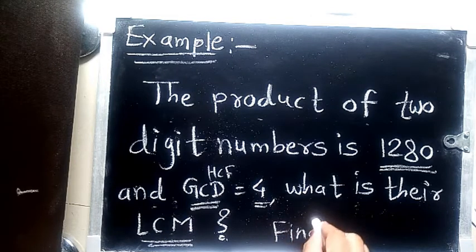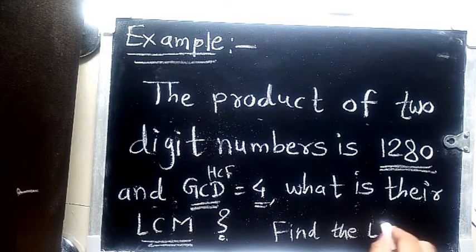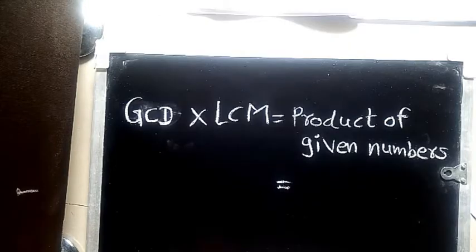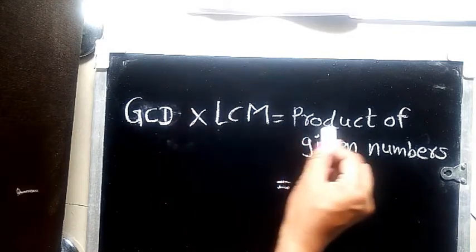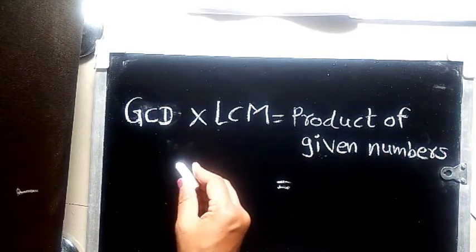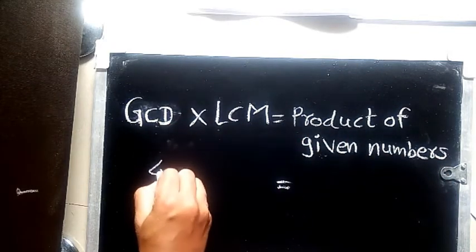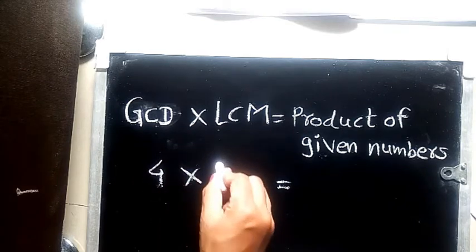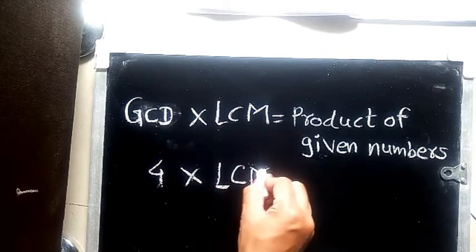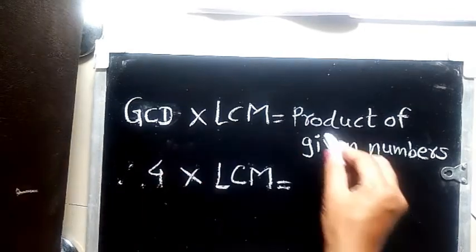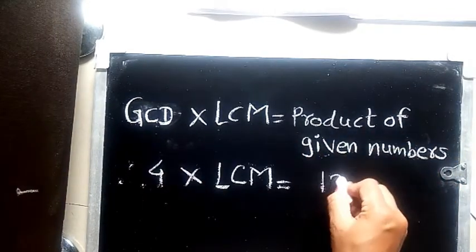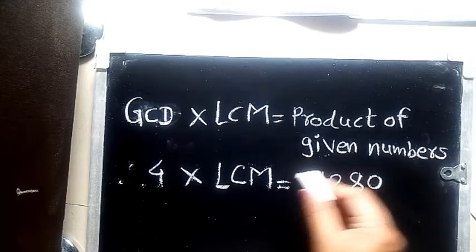We use this formula to find the LCM. GCD into LCM is equal to the product of the given numbers. GCD is 4, we find the LCM.